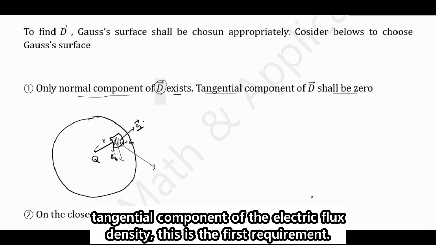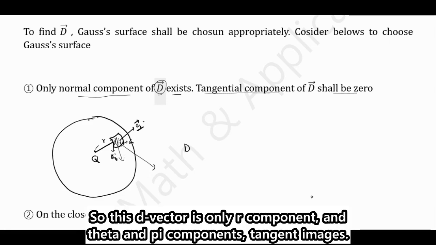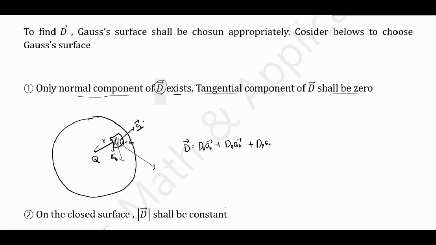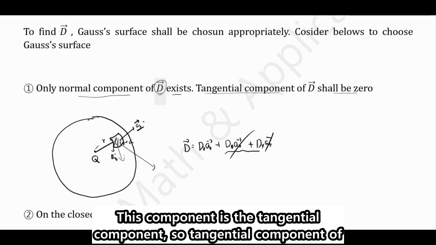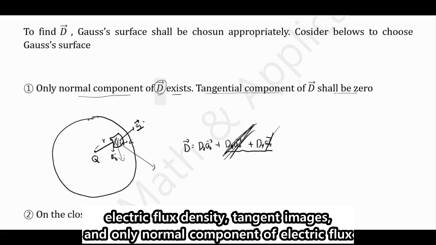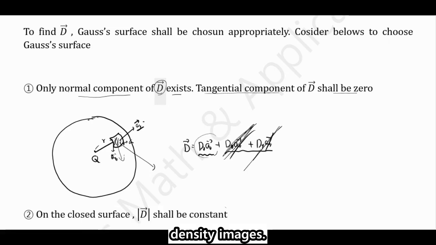This is the first requirement. So this D vector has only an r component, and theta and phi components don't exist. Those are the tangential components, so the tangential component of electric flux density doesn't exist, and only the normal component exists. This is the first requirement.